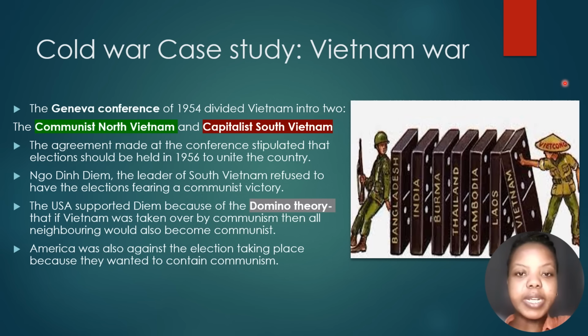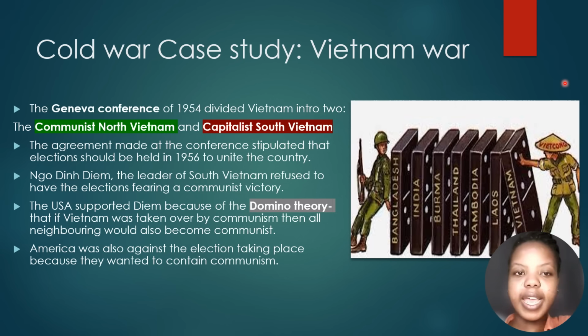The agreement made at the conference stipulated that elections should be held in 1956 to unite the country. Ngo Dinh Diem, the leader of South Vietnam, refused to have the elections, fearing a communist victory. The leader of South Vietnam feared that communism was going to win in all of Vietnam.